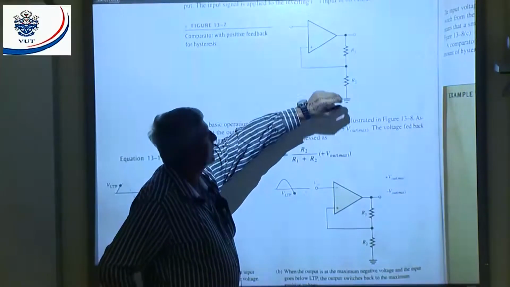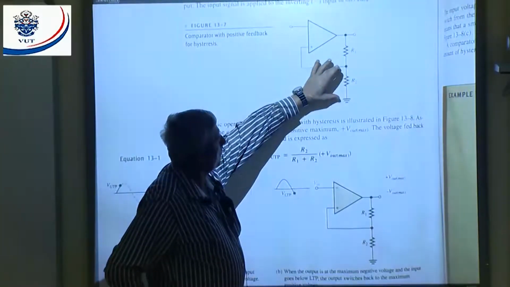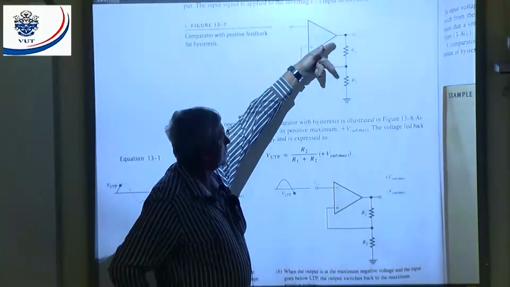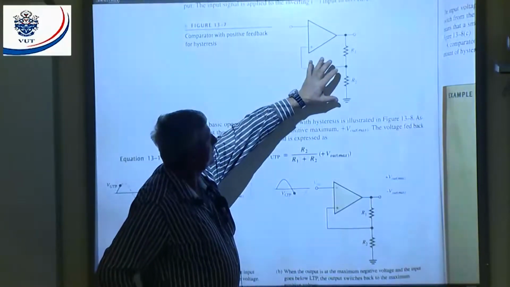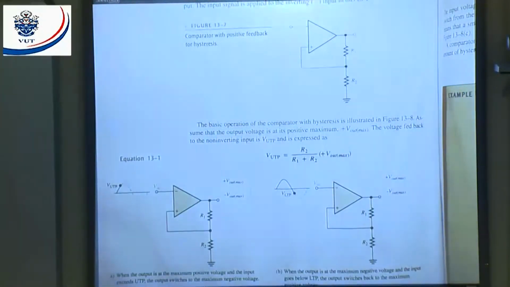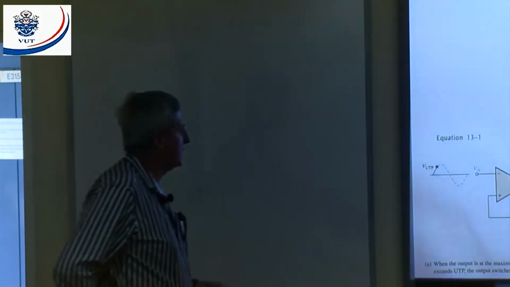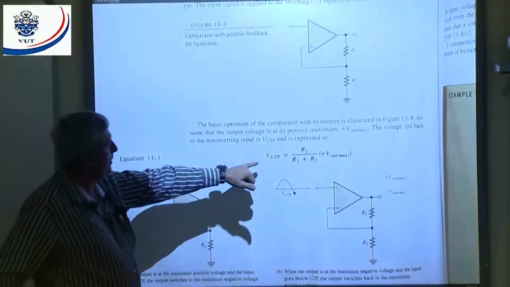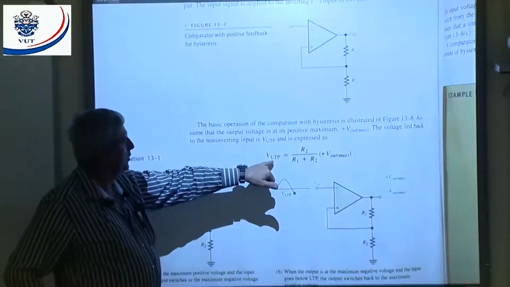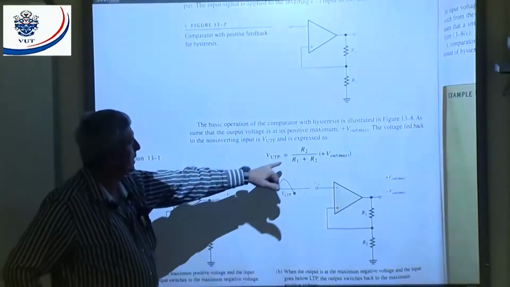You can see here, when there's an output, there's going to be a volt drop across R1 and across R2. But this volt drop across R2 will determine my reference, all right? It's going to change my reference. Because now I'm not going to have 0, but I will have a certain voltage there. And that's why they say the upper trigger point, VUTP, is going to be equal to R2 over R1 plus R2 times V out maximum.